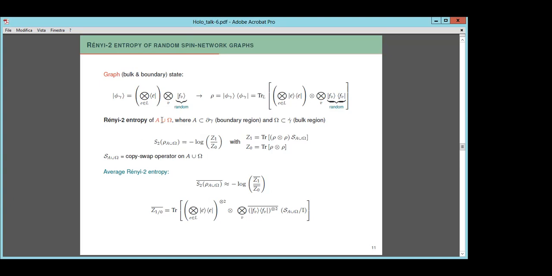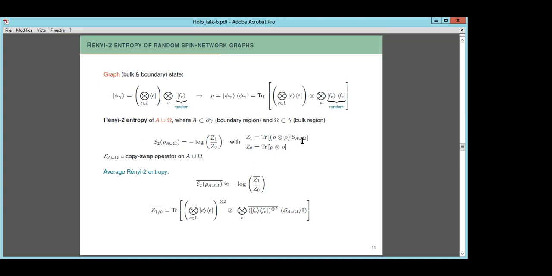So here I'm not focusing on the specific case of the bulk entanglement entropy, but of a general region of the graph. So the idea is the following. The first step is to apply the so-called replica trick for the Rényi entropy, which allows us to write the entropy as the logarithm of the ratio of two quantities, Z1 and Z0, that involve two copies of the graph state.